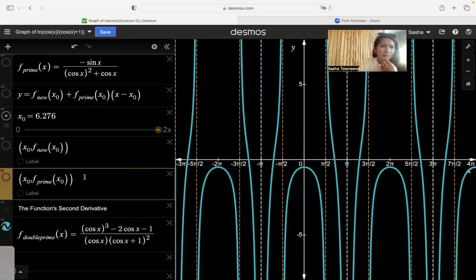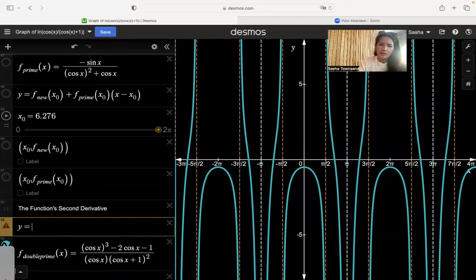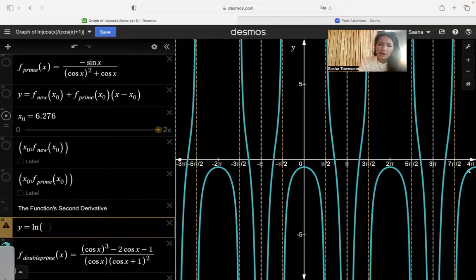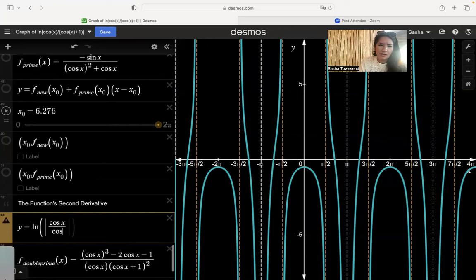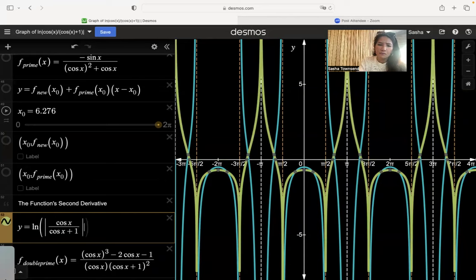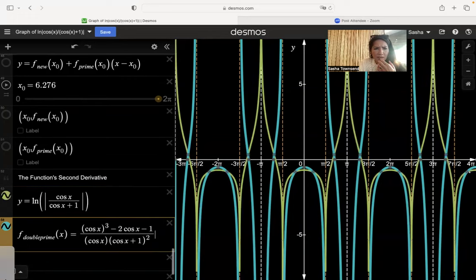Now let's look at the original function. I'm just going to say y equals natural log of the absolute value of cosine of x divided by cosine of x plus 1. Is that consistent with what we have for that second derivative? I think so.